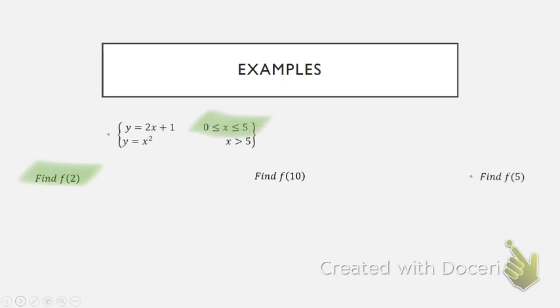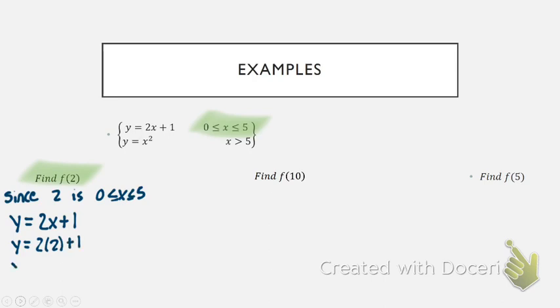So since 2 is in this domain, I know my function is y equals 2x plus 1. So if x equals 2, what does y equal? 2 times 2 is 4, plus 1 is 5.